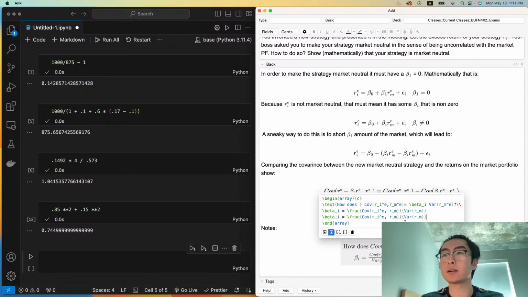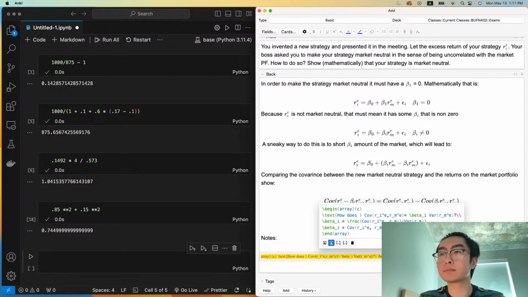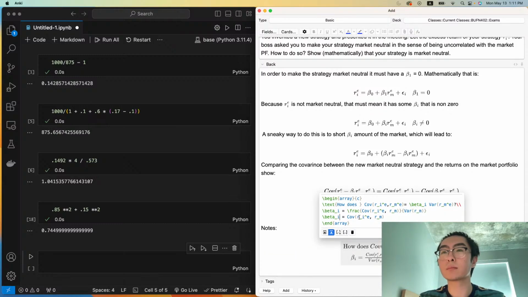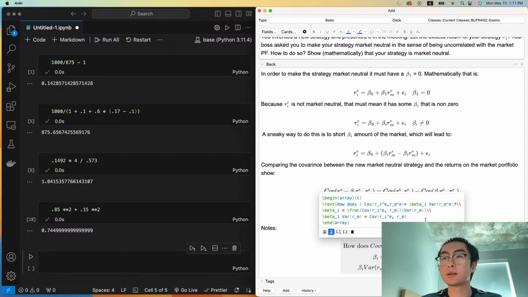So we have beta_i times R_i, the covariance of.